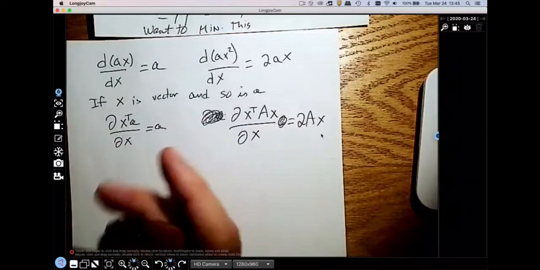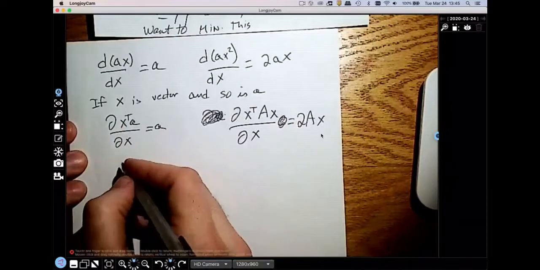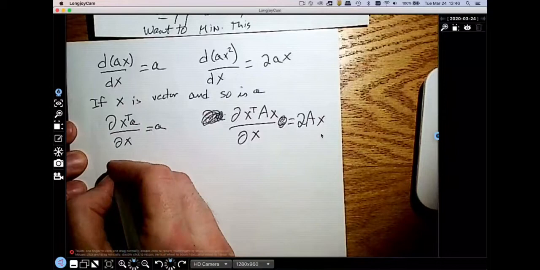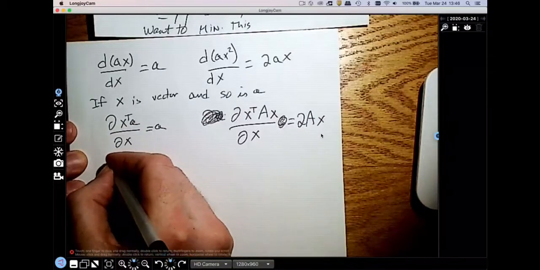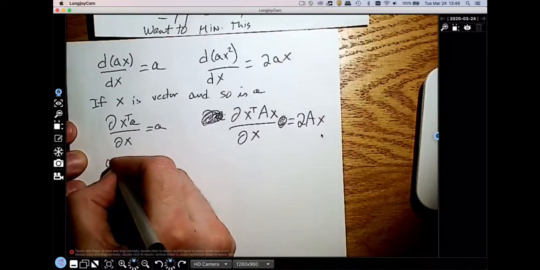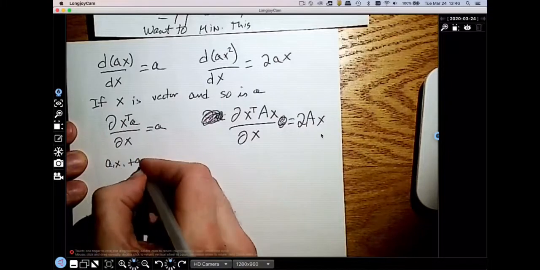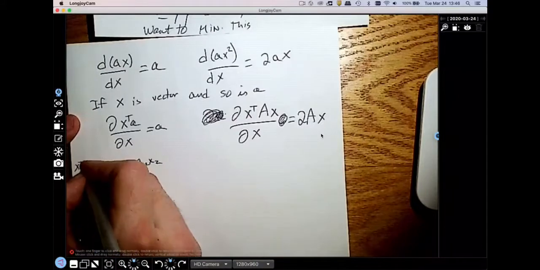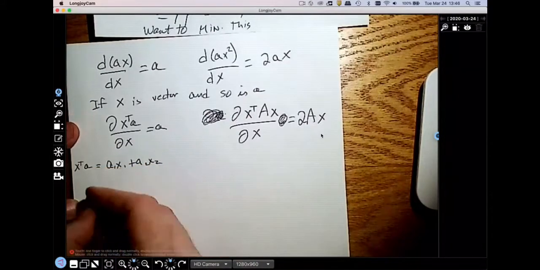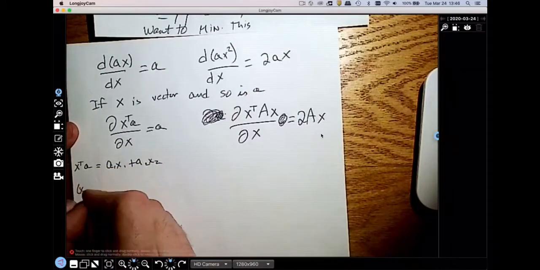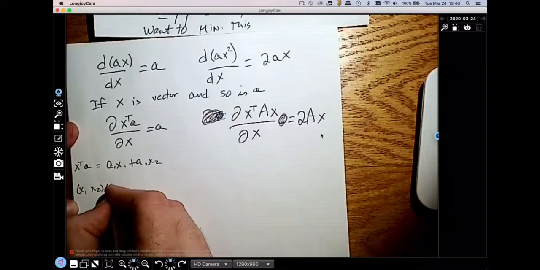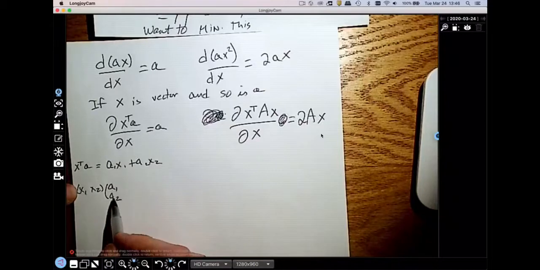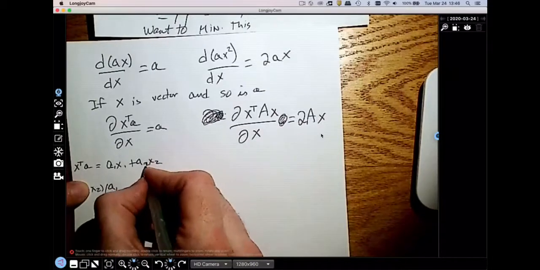I don't want to dwell on this, but just to convince you of what's happening here, let's say that you have something like a1x1 plus a2x2. So you can think of this as x transpose times a, where x is x1, x2, and a is a1, a2. If you do the multiplication, you get x1 a1 plus x2 a2.